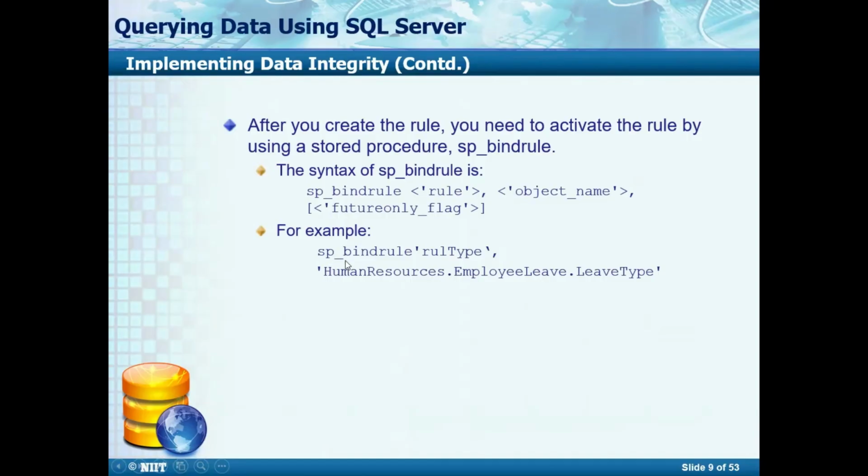So you use sp_bindrule, the name of the rule, then you are binding it to this column. This is an employee leave table, and it has leave type as the column.